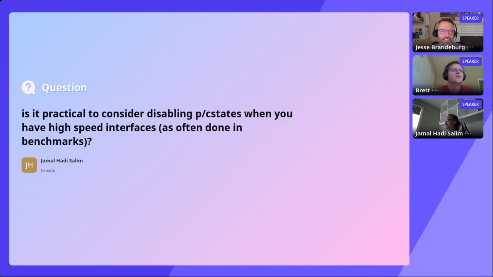So is it practical to consider disabling C and P states when you have high-speed interfaces? I don't think it's a great thing. In fact, we've been migrating our internal benchmarking methodology to leave some level of C states enabled, because with them enabled, you get turbo.